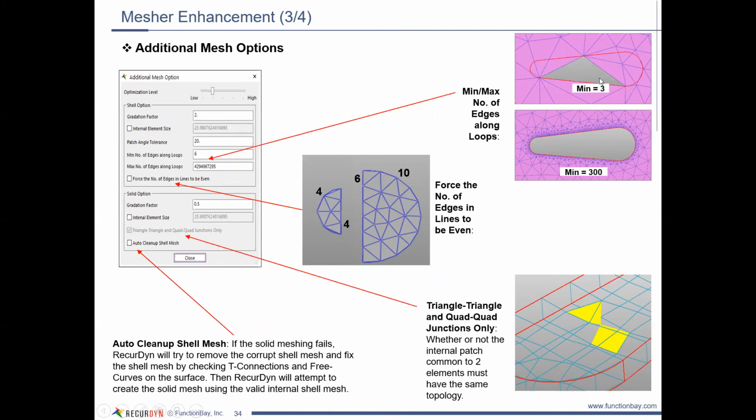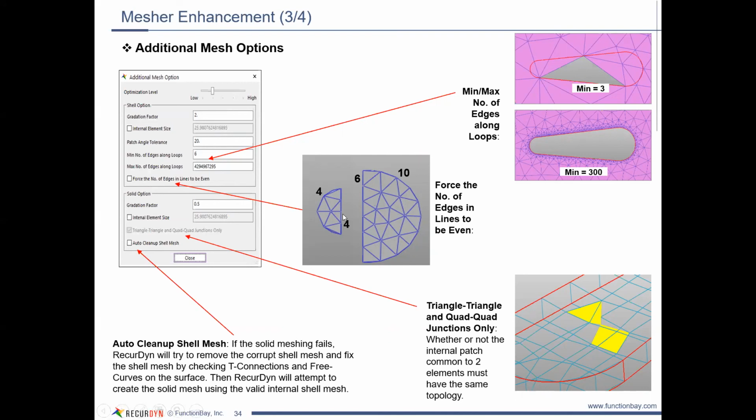And so basically, we have this loop shown in red, and it's just fitting in a single triangle element. But if we set the minimum number of edges to be 300, then we're getting a full set of elements around that loop. So it's a matter of controlling the accuracy there when you have loops in the geometry.